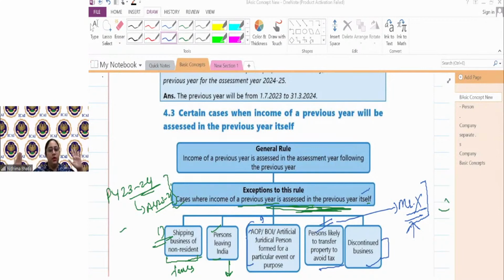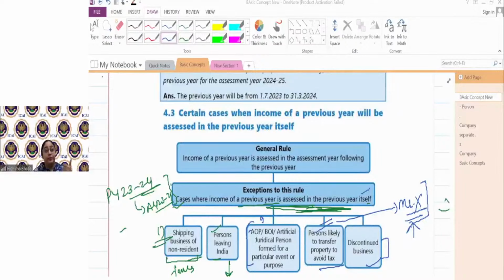Guys, listen, when you talk about tax, it's not just income tax which is applicable. There are custom duties. Customs is when goods are being brought to India, then the person who has purchased those goods will pay custom. I'm talking about a shipping company who is coming to India, dropping people or dropping goods and then going back.